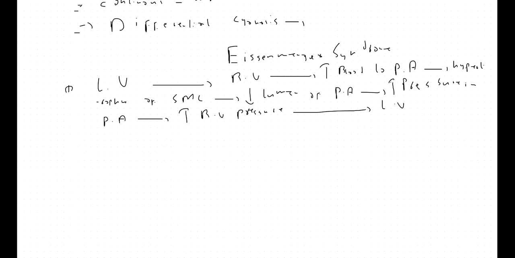In the right ventricle I have 40% saturation, and in the left ventricle 96% saturated. So they will mix, and I will get 70% saturated blood in the left ventricle. When I get 70% saturated blood in the left ventricle, the patient will become cyanotic.